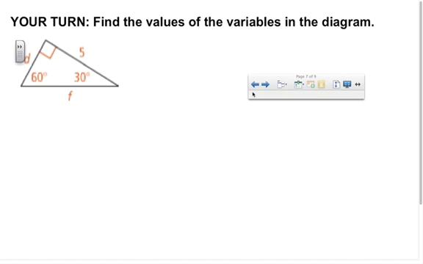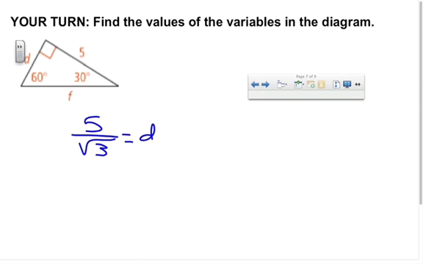I would hope that you'd realize I'm going to start this problem exactly the same way we started the last problem. I need to take that long leg and divide it by radical 3 in order to find D, my short leg. Are you kind of getting an inkling that this one isn't going to work out as pretty as the last one did?